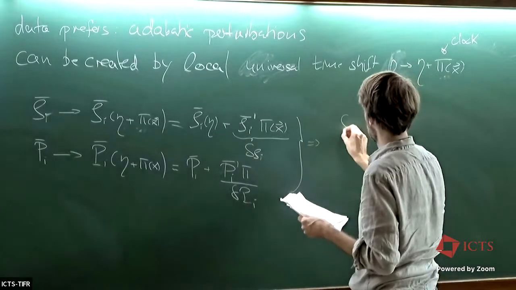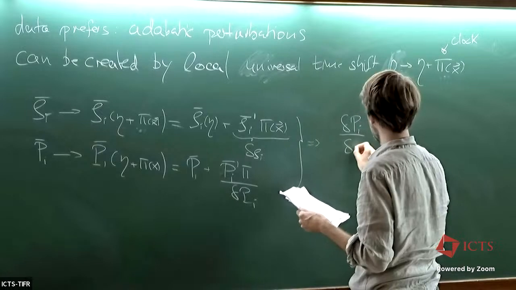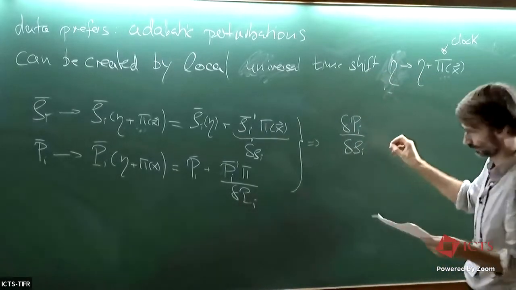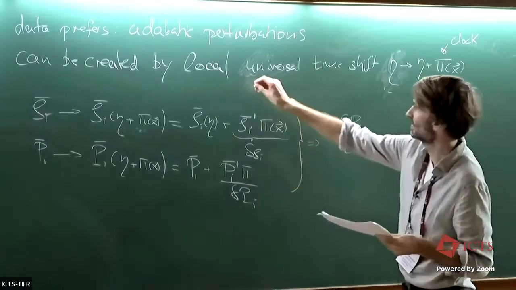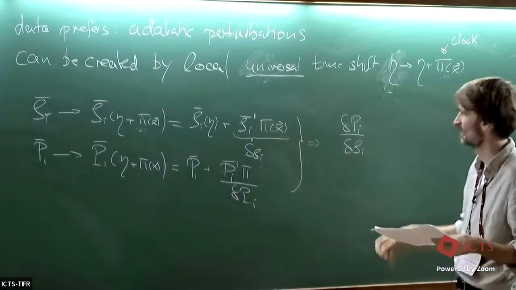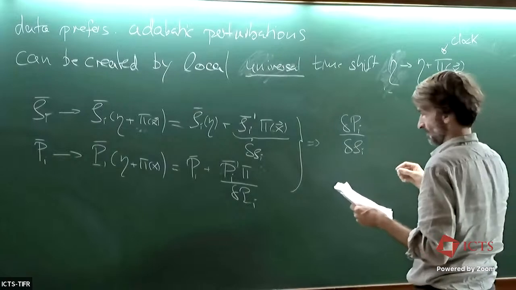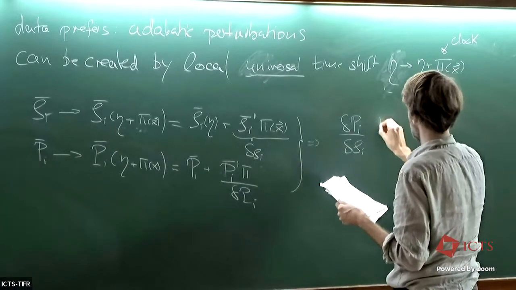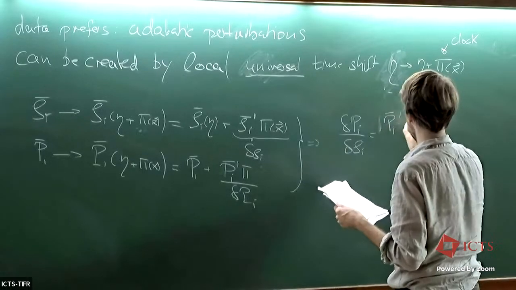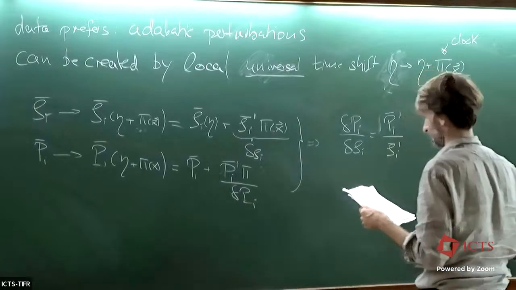So you find that delta p_i divided by delta rho_i. So then you see it's a universal time shift. So pi is the same in both cases. So if you take the ratio, it just drops out. And what we get is that this is p_i primed divided by rho_i primed.